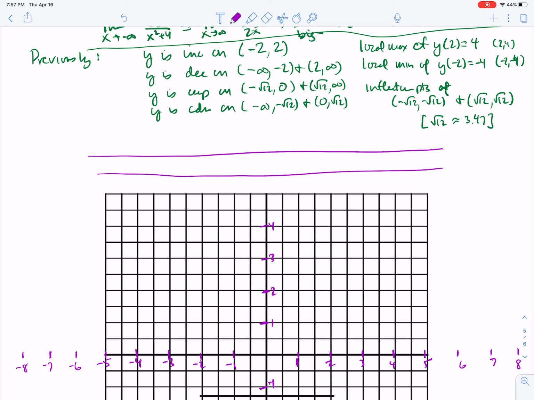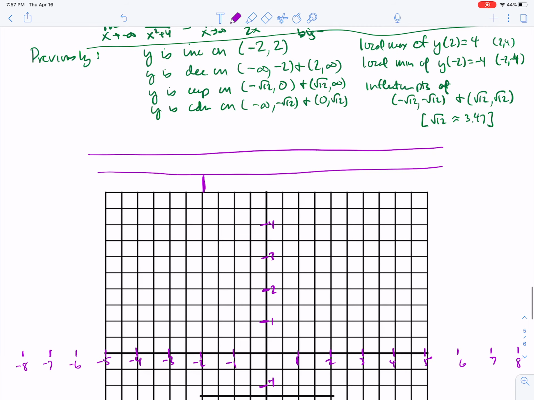The places where it changed increasing, decreasing behavior were at plus and minus 2, and we went decreasing, increasing, decreasing, and then square root of 12 was approximately 3.5, and so for our concave up, concave down behavior, I've got changes right about here and at 0, and then right about here.